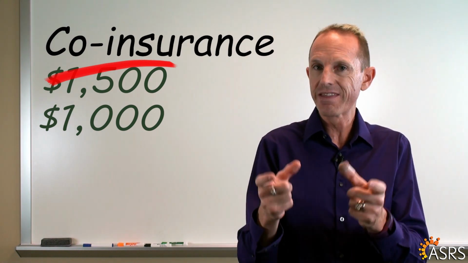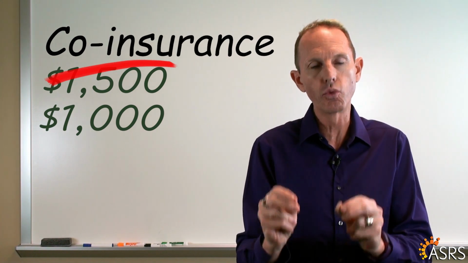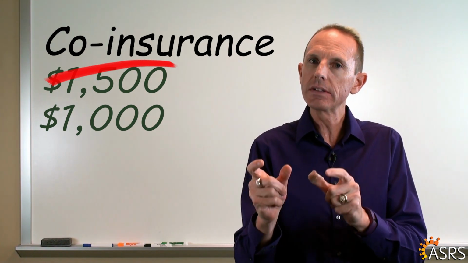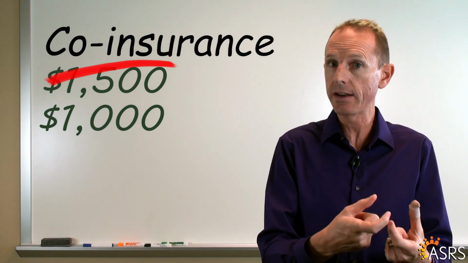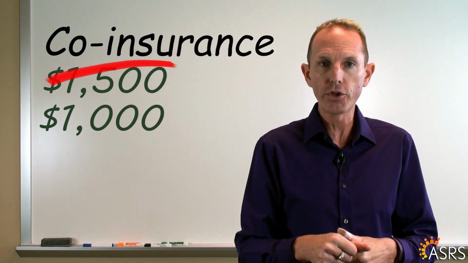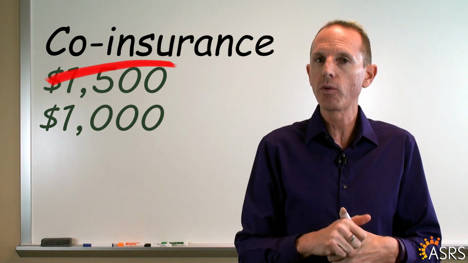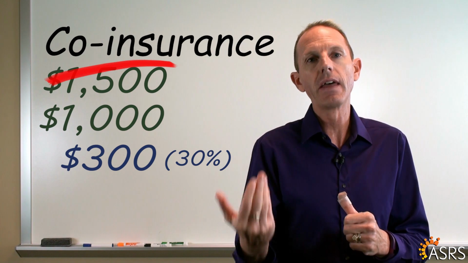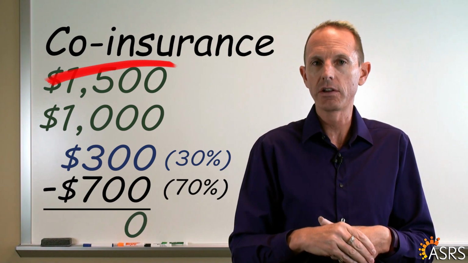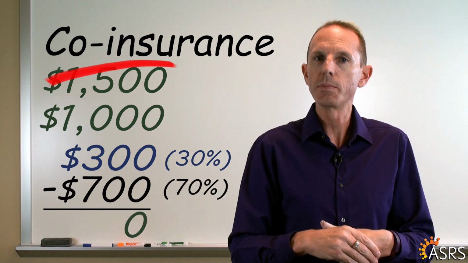You're left with that $1,000 as the contracted rate. Under your plan, if it has a coinsurance of 30%, that means you're responsible for the 30%. United Healthcare will be responsible for the 70%. That leaves you $300, and that leaves United Healthcare $700. That $300 becomes your coinsurance.